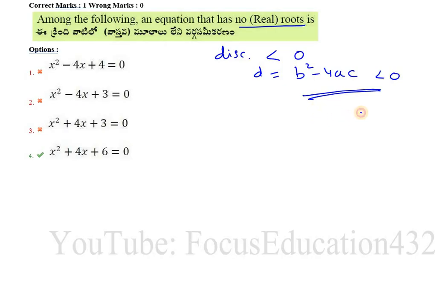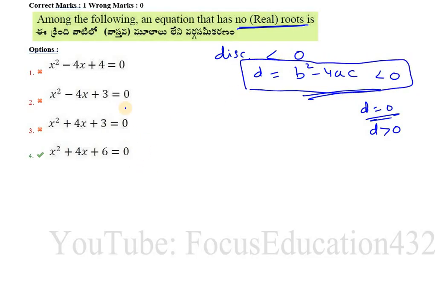Right. If you get D equal to 0, b square minus 4ac equal to 0, what is that? 2 equal roots. If D is greater than 0, 2 real roots. Clear? Here the question given is no real roots, so D should be less than 0.